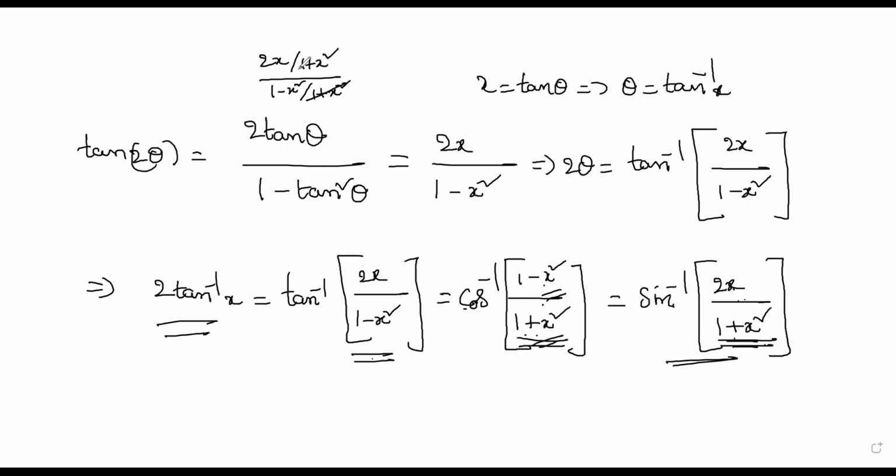See, 1 plus x square cancels out, giving 2x by 1 minus x square. If you remember these two, you divide this with this, you get this. This way you can remember and then make it out. This is the technique to remember. So we'll go ahead.